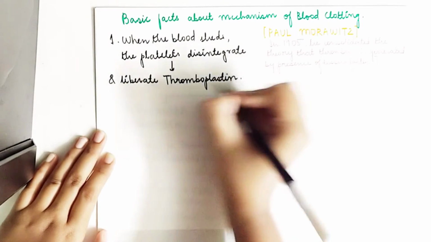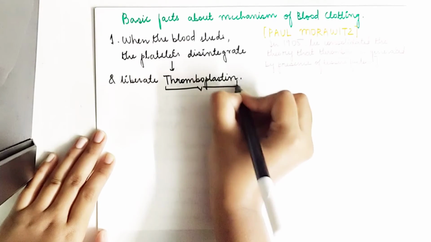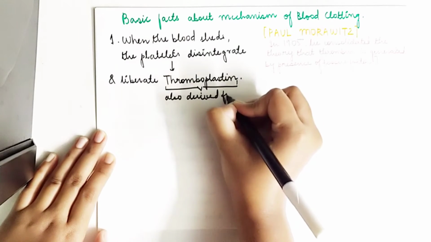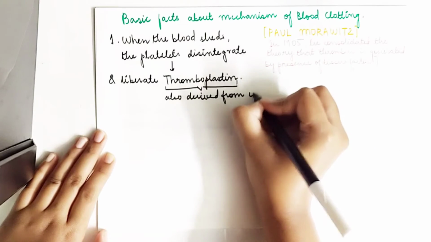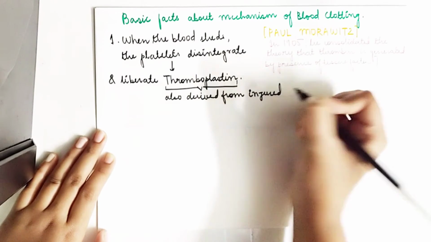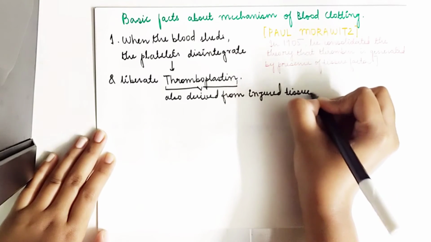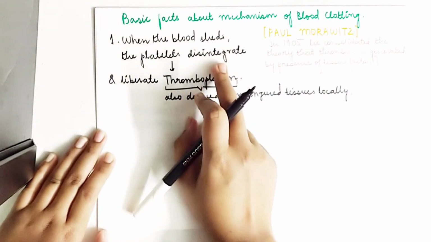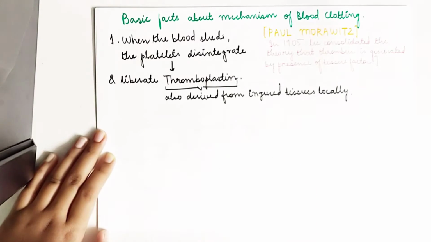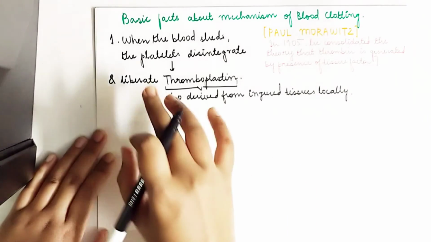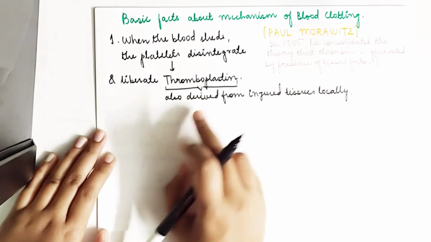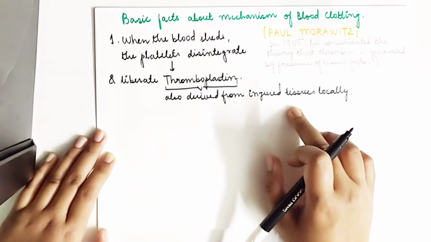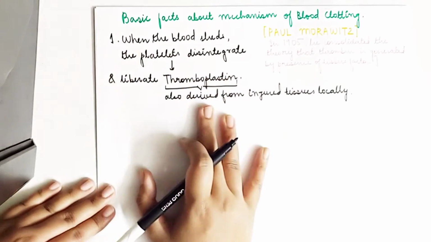Sometimes this thromboplastin is also derived from injured tissues locally. This is the first point.